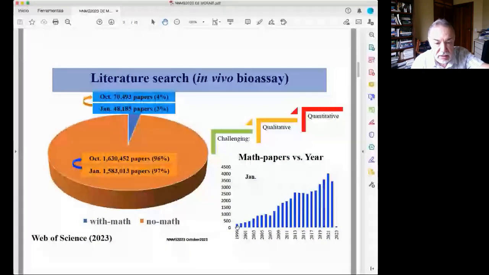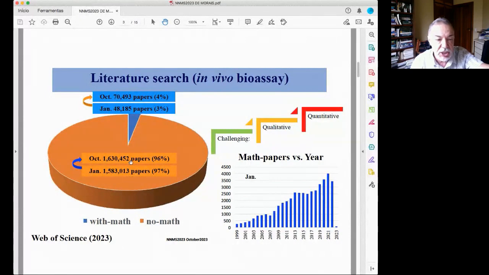shows a trend that I pick up on the plot on the right-hand side, lower part of my slide. So you can see an increasing number of papers that included any mathematical model. This plot was from January. And so it is indeed a very good news.